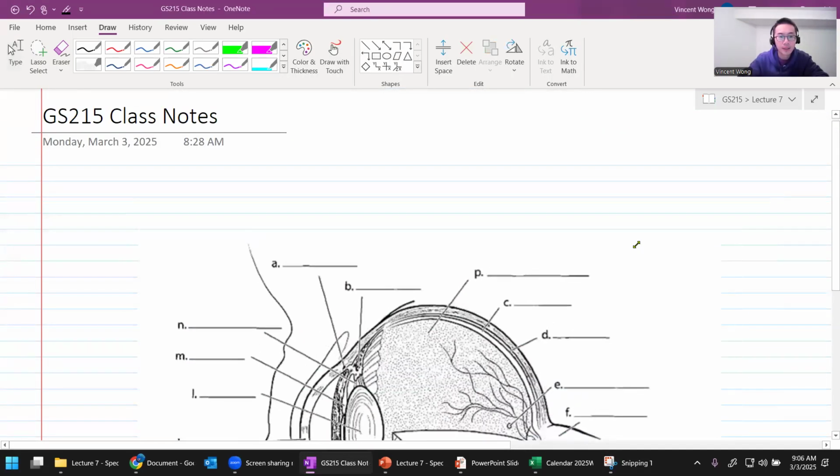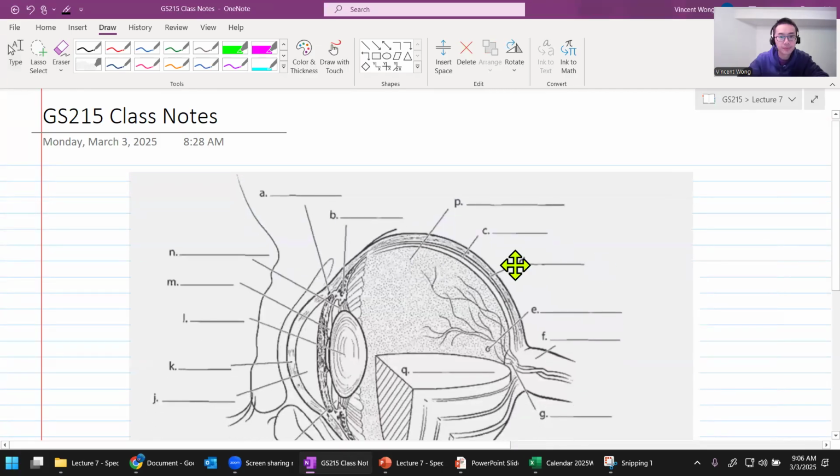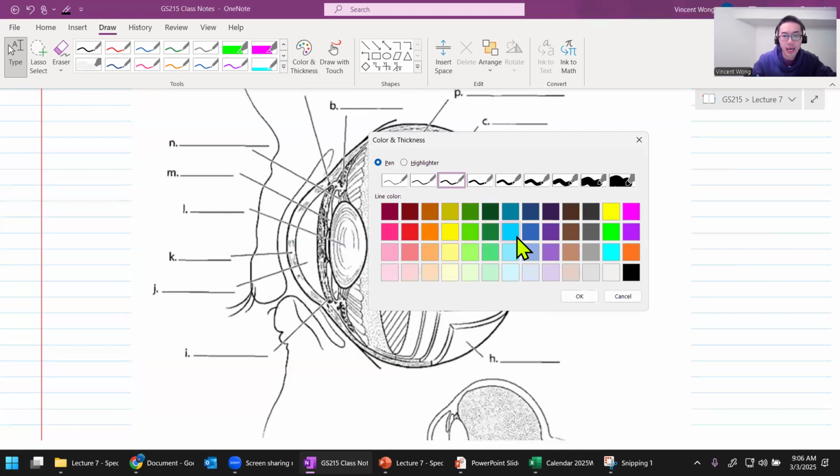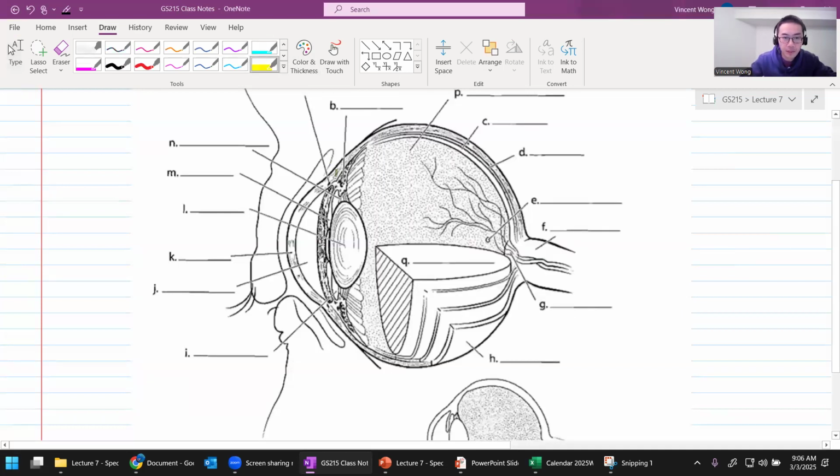All right, so there we go. Now the eyeball has three layers. Okay, there are three layers that make up the eye, and we're gonna start with the outermost layer, which is right here. This is the outermost layer of the eye, and it is actually the white of the eye.